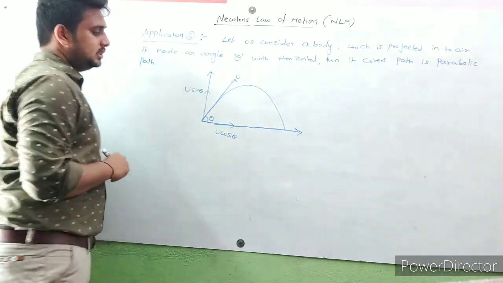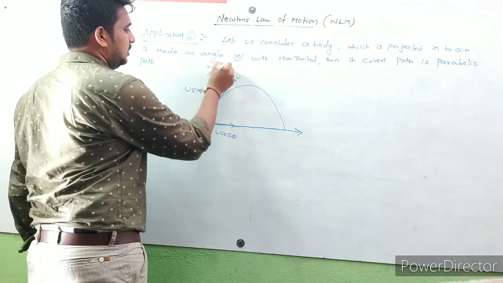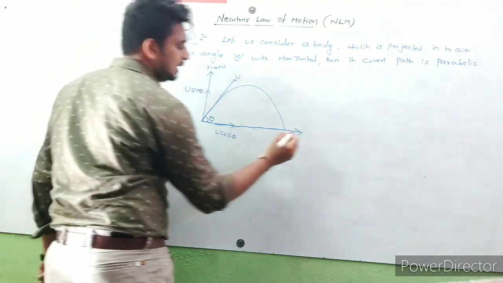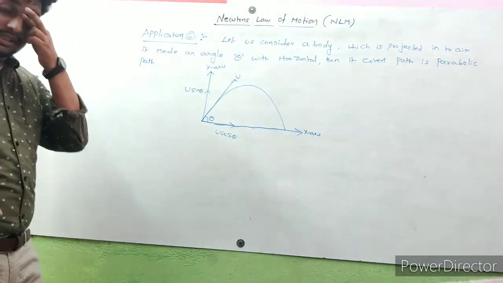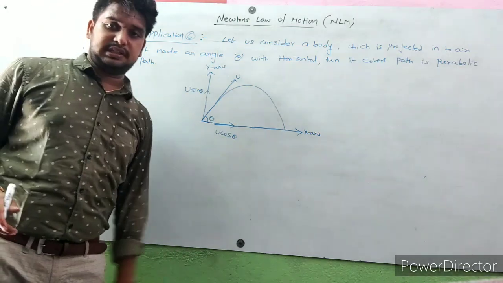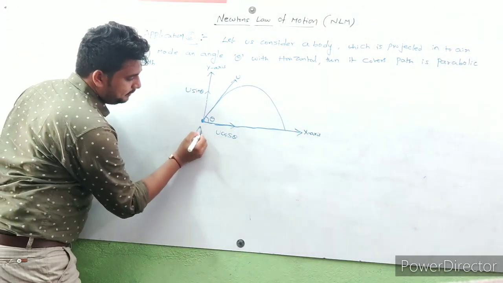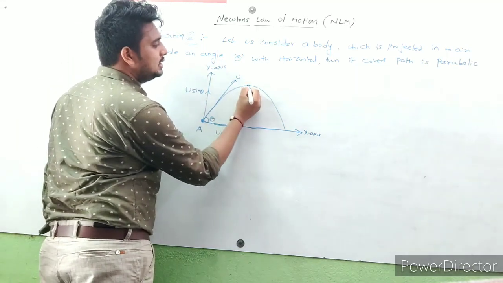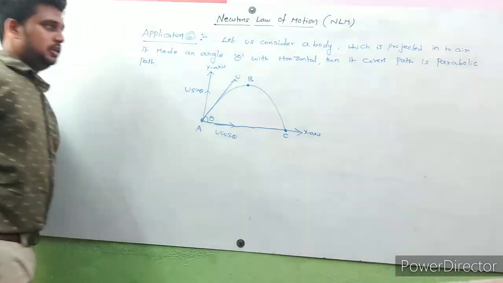This is the y-axis we consider, and this is the x-axis. Oblique projection we already discussed in motion in a plane. Here I consider 3 points: this is point A, this is point B, and this is point C.